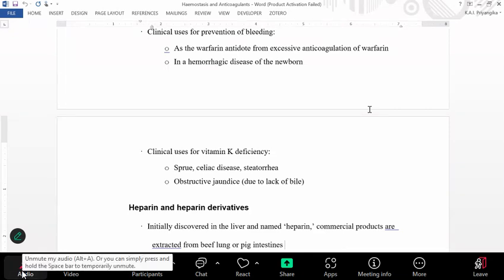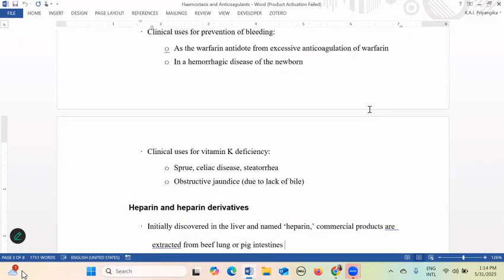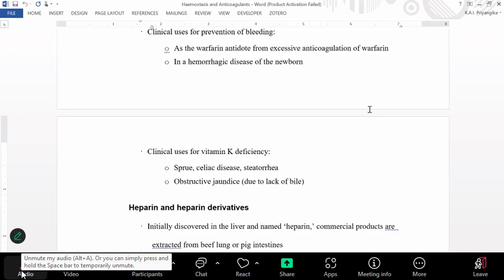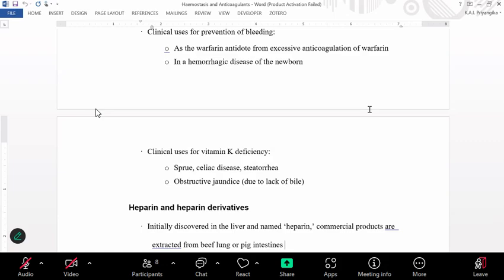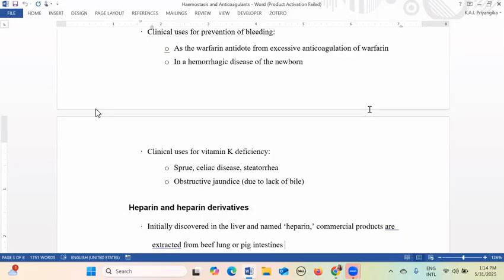For the synthesis of clotting factors, it is required. Can you all name certain clotting factors? Factor 2, factor 7, 9, and 10. Factor 2 is actually prothrombin, which becomes thrombin. Thrombin is required to convert fibrinogen into fibrin.